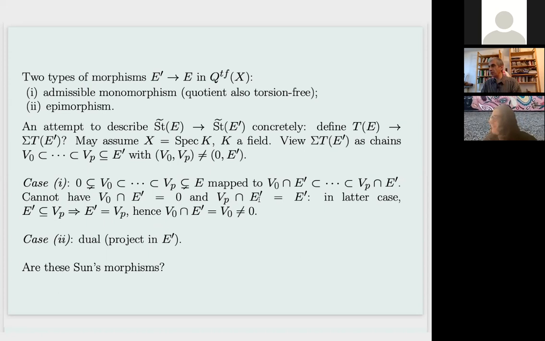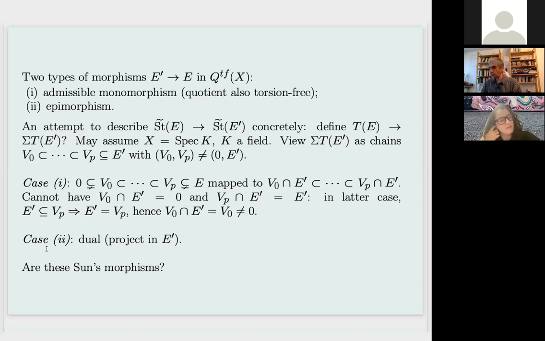Because if you have the second one, then it implies that E prime is contained in Vp, but E prime has codimension 1, and Vp is not equal to E. So we must have E prime equals Vp. And therefore, V0 intersection E prime is V0, which is non-zero.